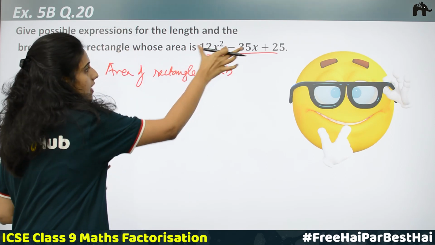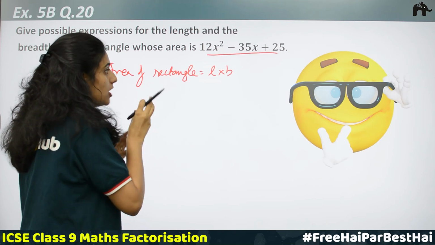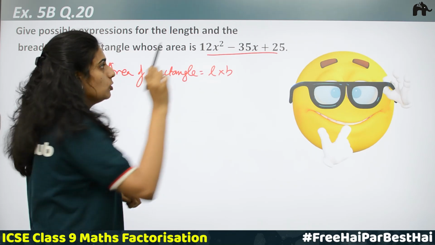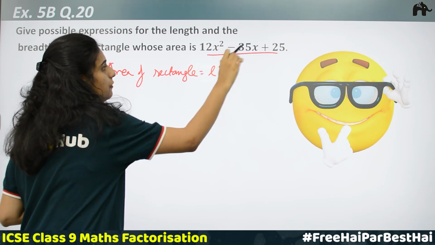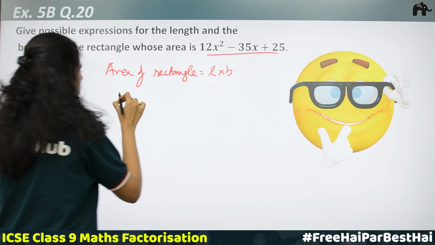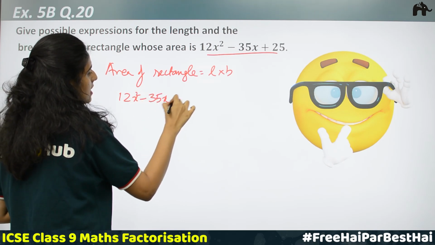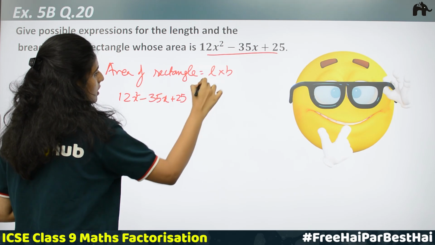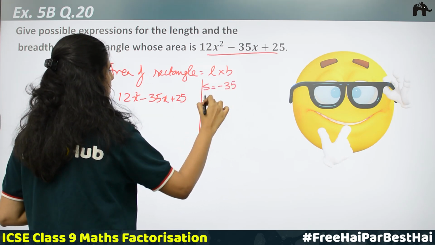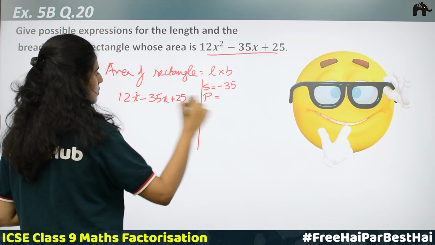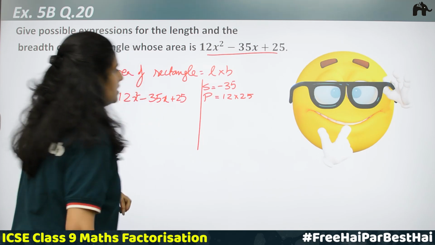Okay, here we have an expression given and this is the area of the rectangle, which means the product of length and breadth will give you this expression, right? So to get what length and breadth are, we just need to factorize this. Okay, so here 12x square minus 35x plus 25. The sum should be equal to minus 35 and product should be equal to 12 into 25.